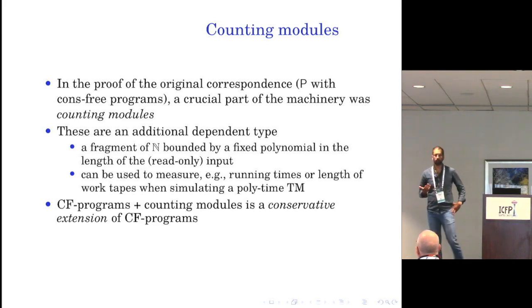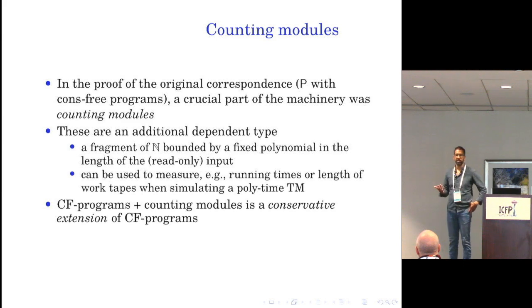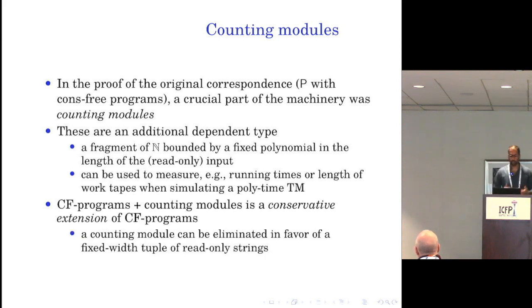And the nice thing is that if you extend cons-free programs by counting modules, it's a conservative extension. I don't know what the correct PL term is, but by conservative extension, I mean maybe you can compute functions of more types, but of the functions that you could compute, if you're looking at functions of the same type as a ground program, you're not extensionally computing more things, right? You can eliminate them. A counting module basically can be eliminated in favor of a fixed width tuple of read-only strings.